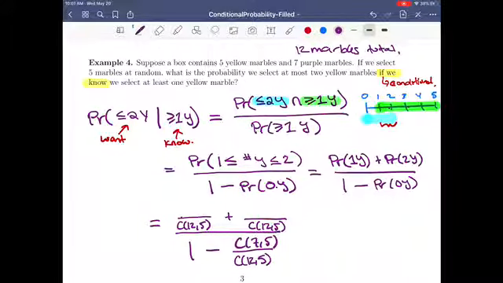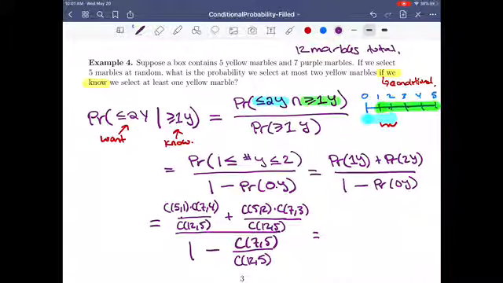If we get 1 yellow, it means that from the 5 yellows we picked 1, and from the 7 purples we picked 4. So I'm going to do 5 choose 1 times 7 choose 4. If we want exactly 2 yellows, same idea: pick 2 of the yellows and then pick 3 of the purples. And then we can just compute all of these.